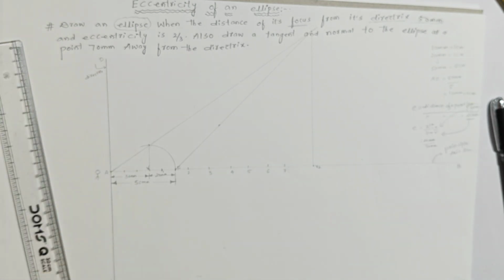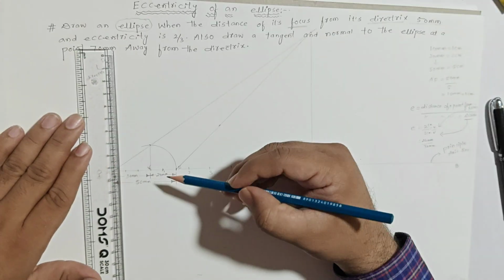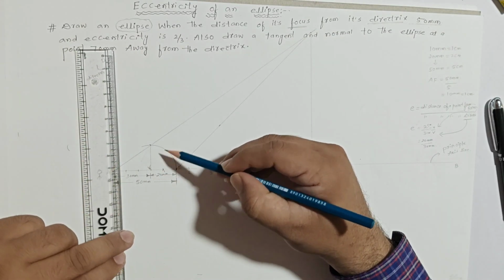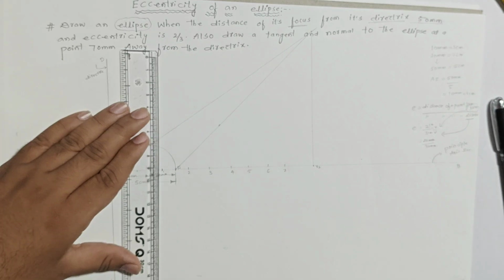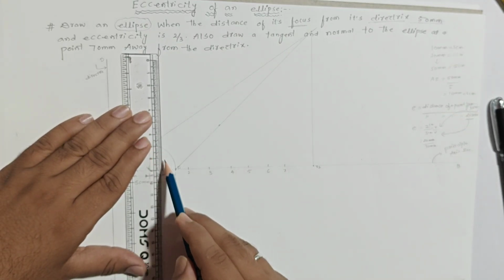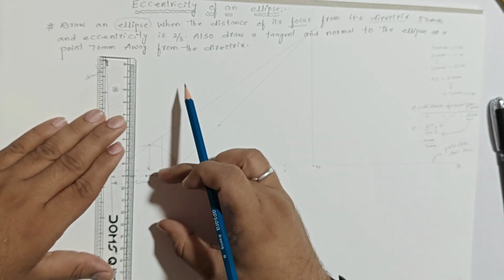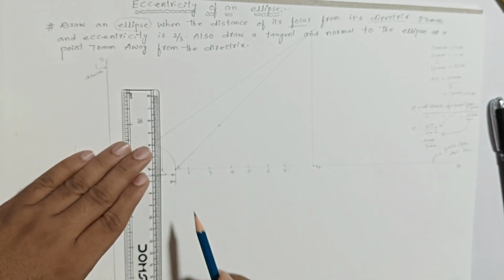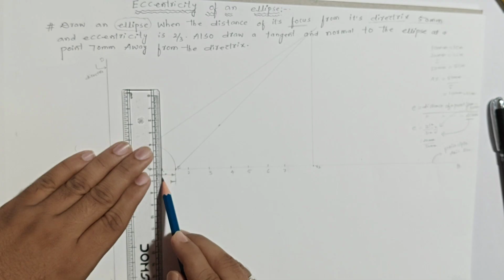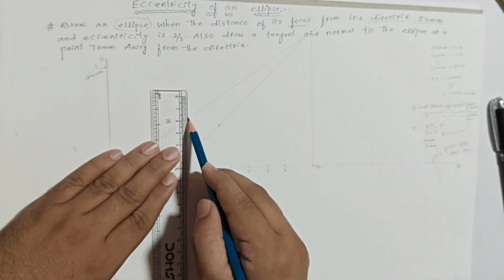Clear? After that, you need to draw the vertical line. This line should touch from 1 to the inclined line. Whatever distance you are taking, the same distance you need to take below the reference line. Clear? Same thing you can extend over here.